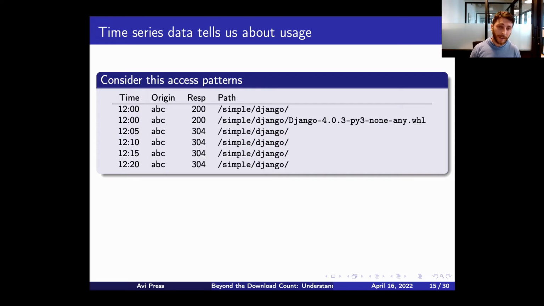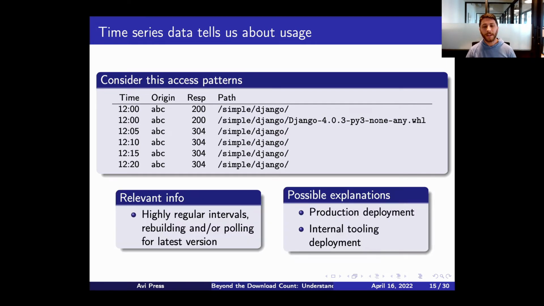And then in this trace we see very regular intervals where we are checking for the index at simple Django, and we get a 304, the registry telling us that we already have what is latest here. And so the relevant info here is that we see highly regular intervals where the client seems to be either rebuilding or polling for the latest version, but not really doing anything else other than checking.